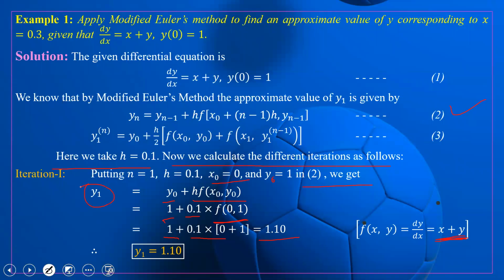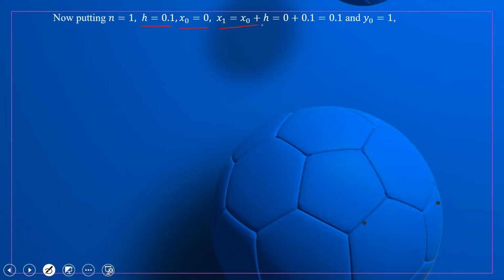Now we want to calculate this y1 nth iteration. Now putting n is equal to 1, h is equal to 0.1, x0 is equal to 0, and x1 equal to x0 plus h. What is x0? It is 0. h is equal to 0.1, and y0 is equal to 1, and y1 zeroth iteration is equal to 1.10 in equation number 3.